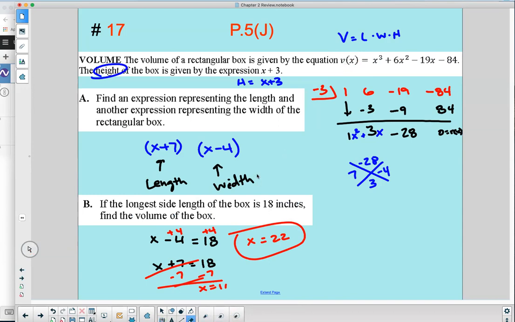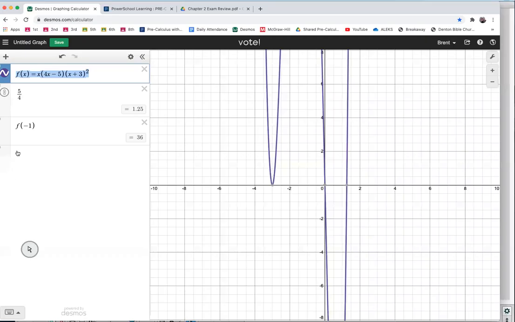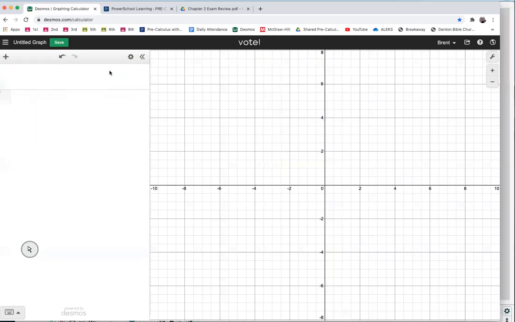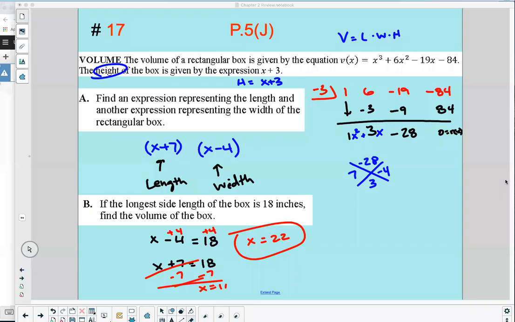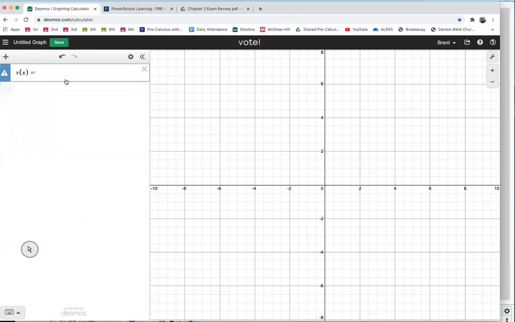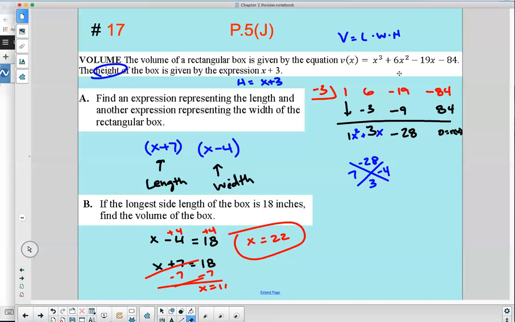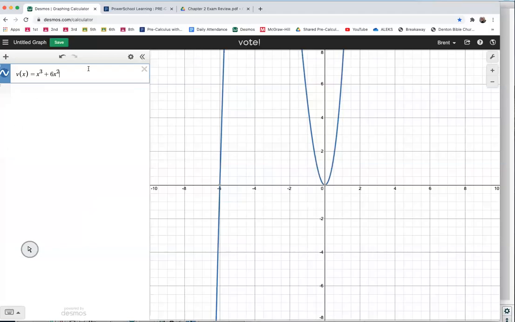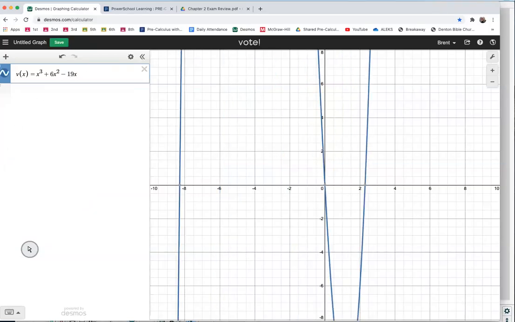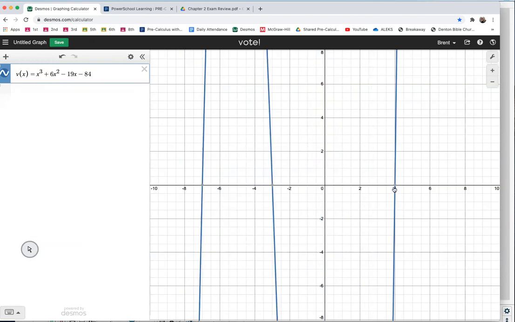x cubed plus 6x squared minus 19x minus 84. Looks like there's a cheat. It tells you the zeros right here. Remember, that's the zero, so you go to factored form.